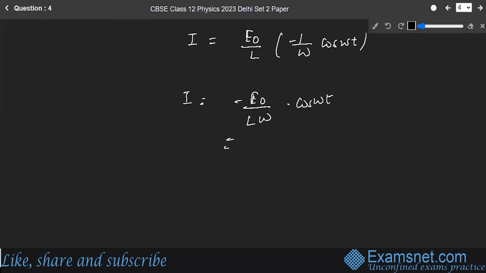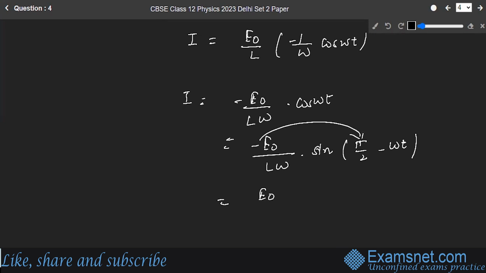And you know, if I want to convert cos into sine, this will be sine of pi by 2 minus omega t. So let's get this minus sign inside. So you will have E naught upon L omega into sine omega t minus pi by 2.